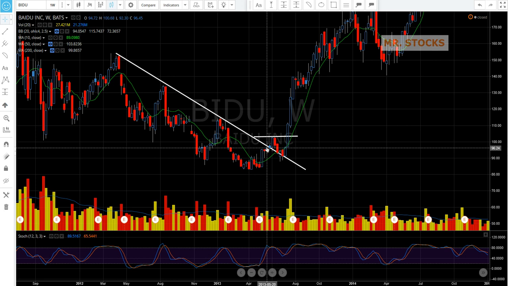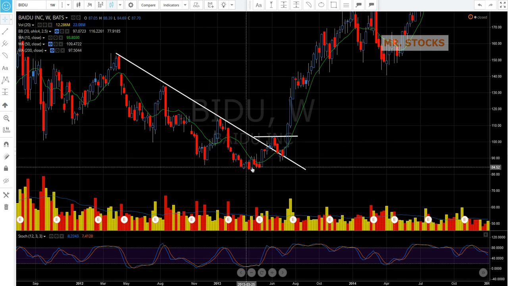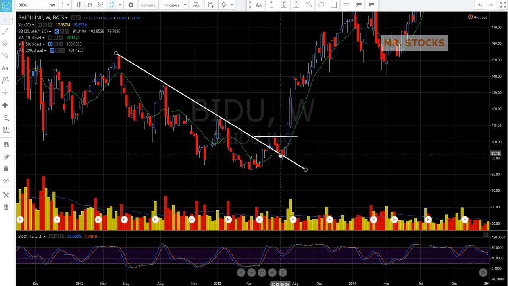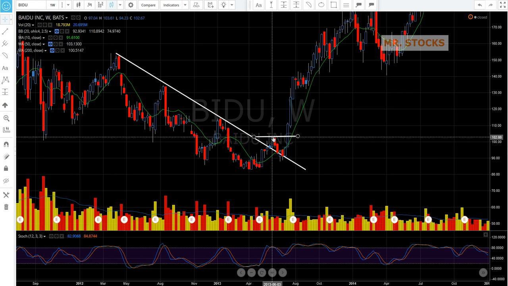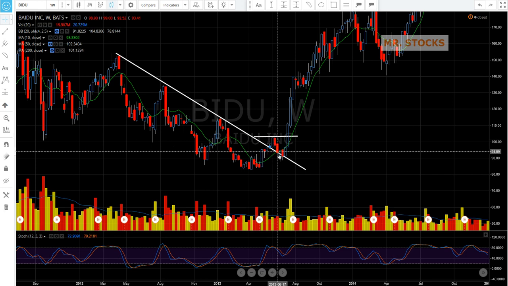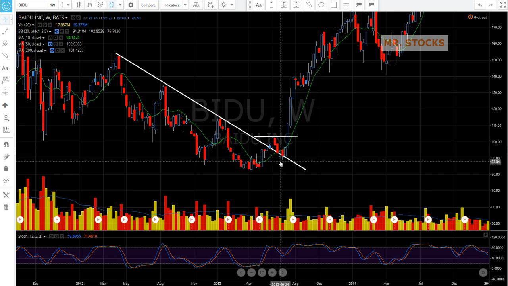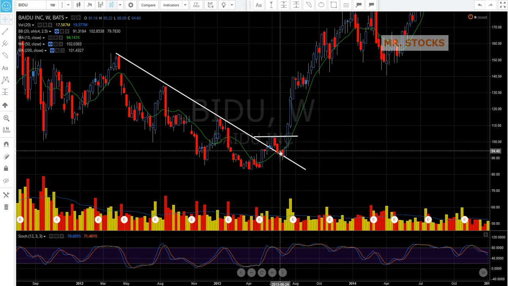And if you bought it in this area, you wouldn't have seen too many confirming signals of the breakout. You would see possibly a W bottom here, but if you waited to this day here, you would have had a better confirming signal. So you had to wait for it to make a high, pull back here below the line, and then break out above it again.